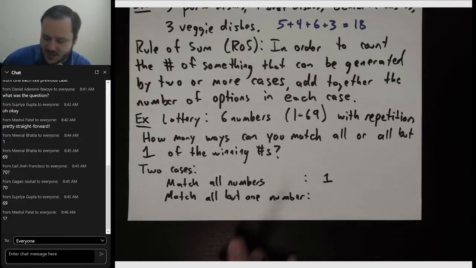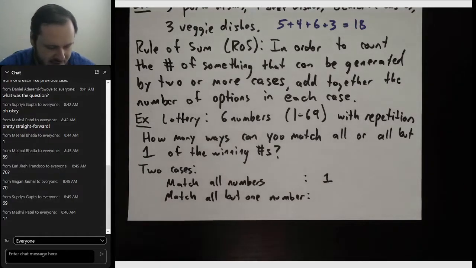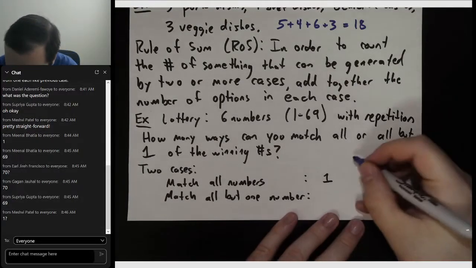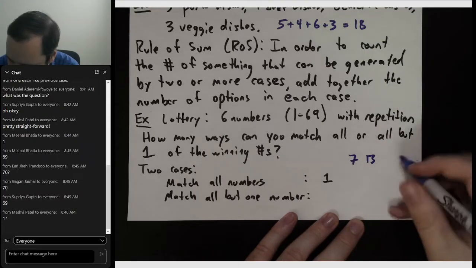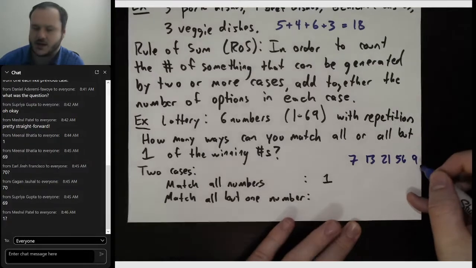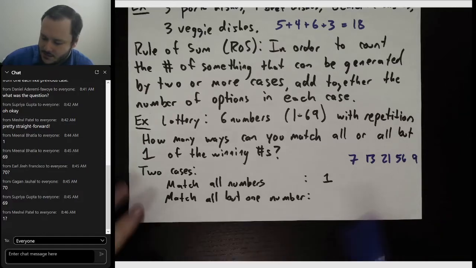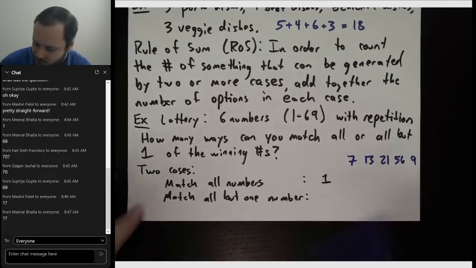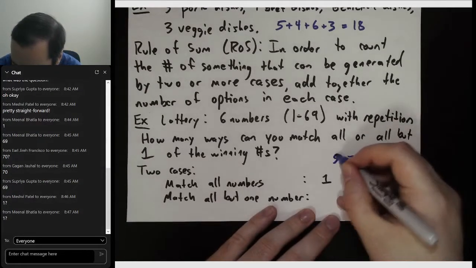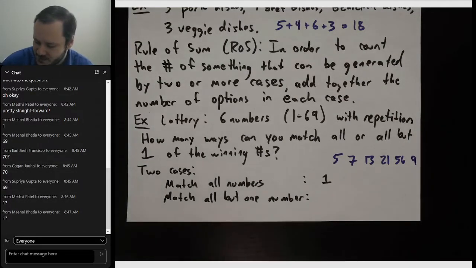But now let's think about how many ways there are to match all but one number. Suppose the winning number was, I don't know, 5, 7, 13, 21, 56, and 9.